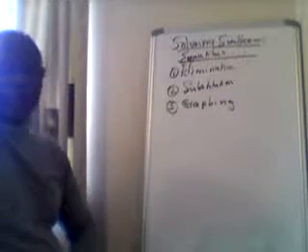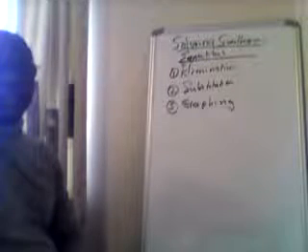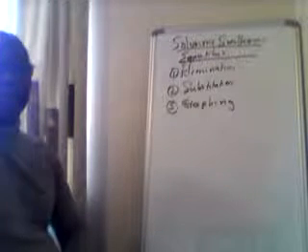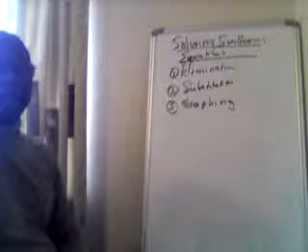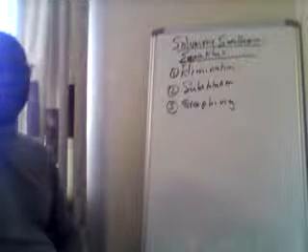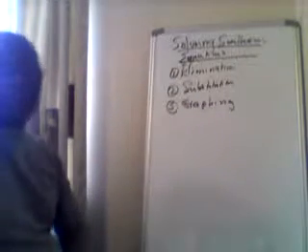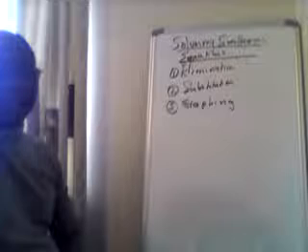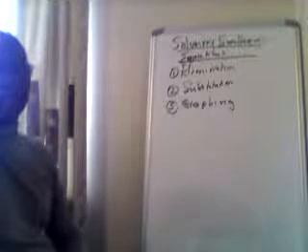Therefore, when you are given a question in an exam to solve simultaneous equations, you need to read carefully and check whether they're asking you to use a specific method, which is more likely to be one of the three. If they haven't said anything, then you have the choice of which method you want to use.